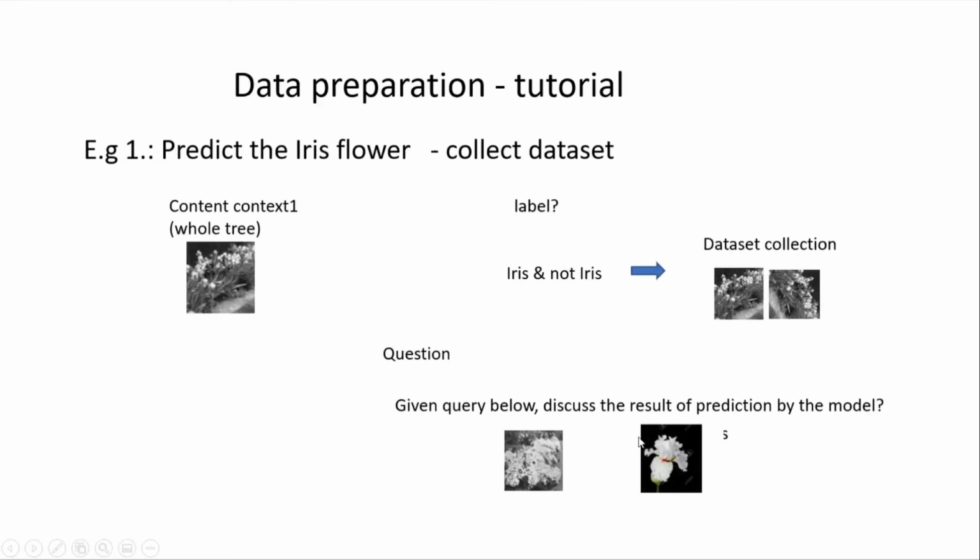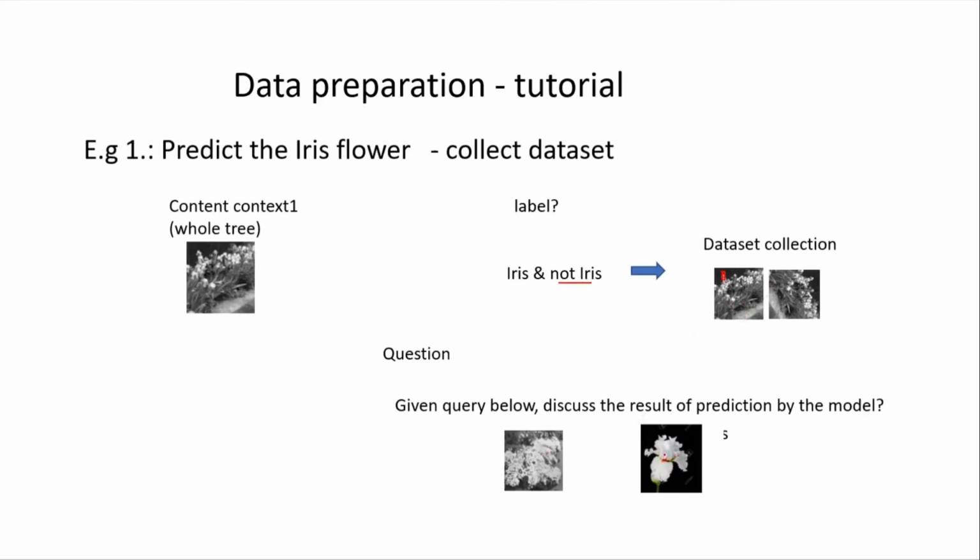It didn't see the small detail, it's too detailed. This model analyzes the whole thing. So when the query is like this, it's going to say this is not iris, because it learned something different and the query is a bit different.